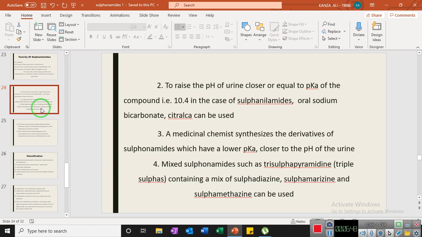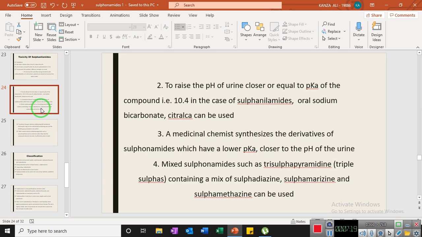But as a medicinal chemist, we don't appreciate these approaches, these strategies, because we want to synthesize the compounds, the derivatives, which have a lower pK value, closer to the pH of the urine.